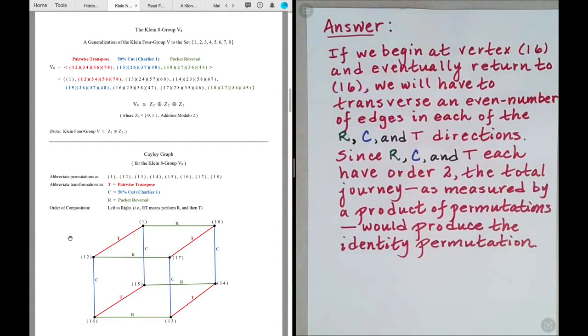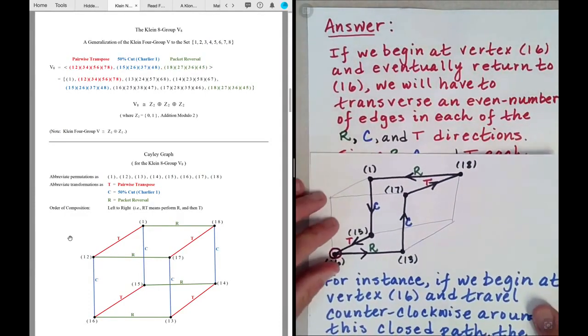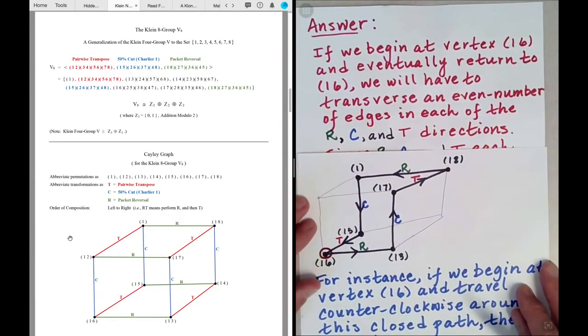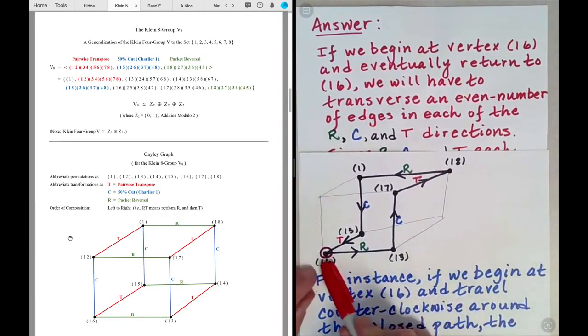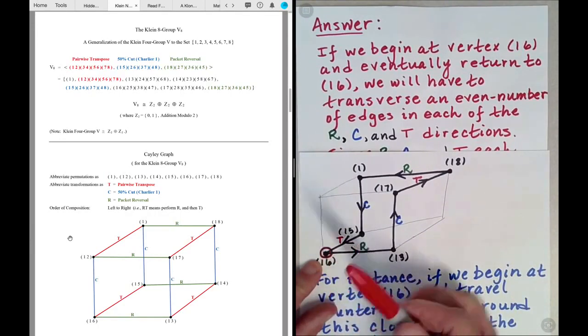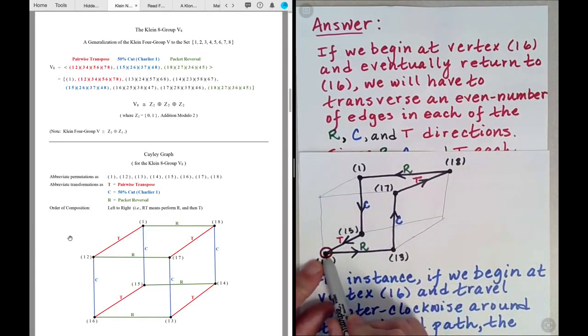Well, if we begin at 1, 6, so maybe I'll put it down here for just a second. If we begin here and eventually end here, think about it.